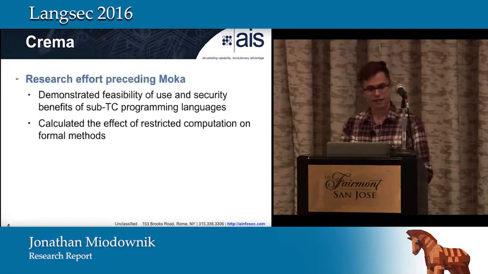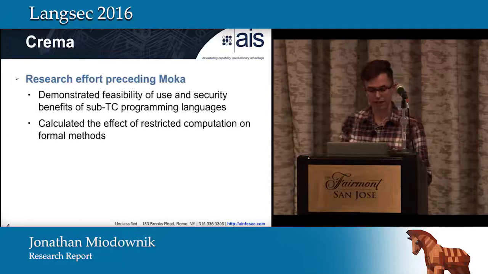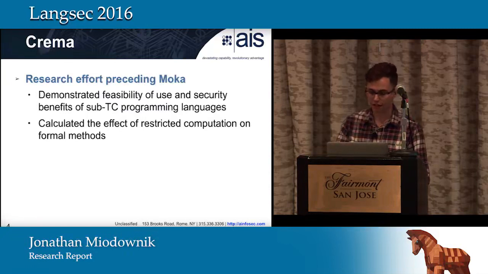So the preceding effort, as Sergey was talking about, was called CREMA. It was, and I'm sure he'll correct me if I'm wrong on this, an effort to measure the effect of restricting computation on formal languages. So I believe they created a sub-Turing complete programming language and measured the effect of porting languages into that.